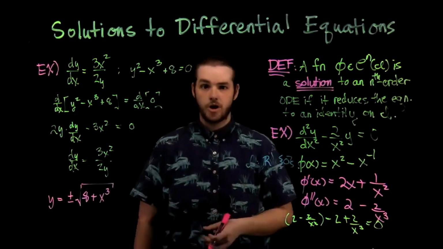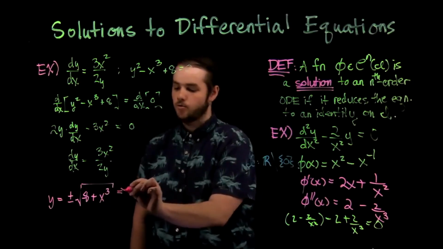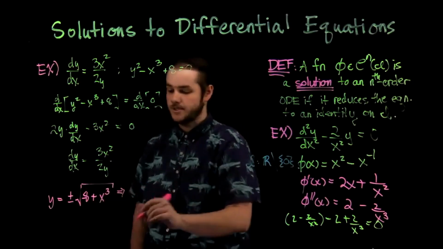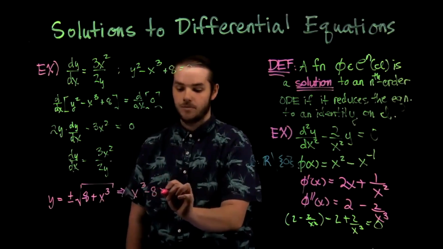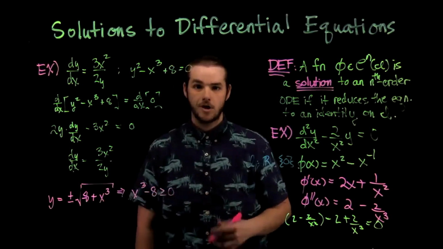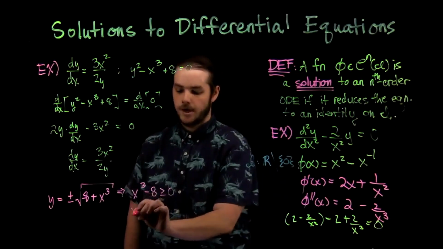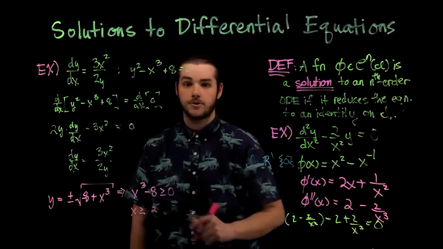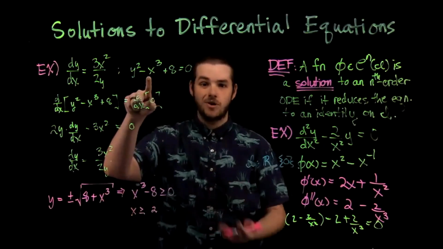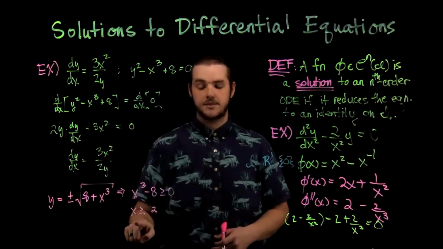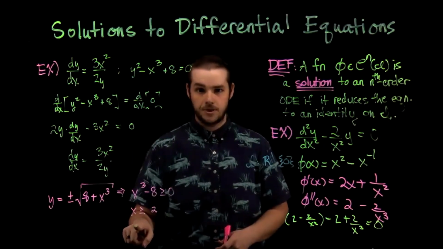And we remember from our algebra class that the radicand, fancy name for the thing inside, should be non-negative, or that x cubed minus 8 should be greater than or equal to 0. Quickly solving for x, I get that x is greater than or equal to 2. So this function that I'm claiming is the solution only exists for x values greater than or equal to 2.